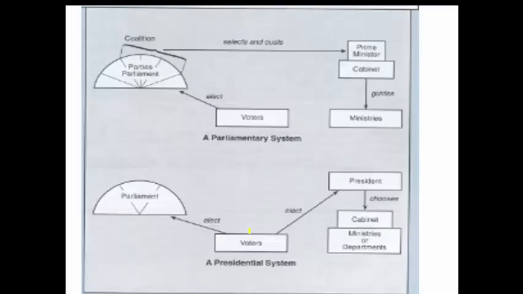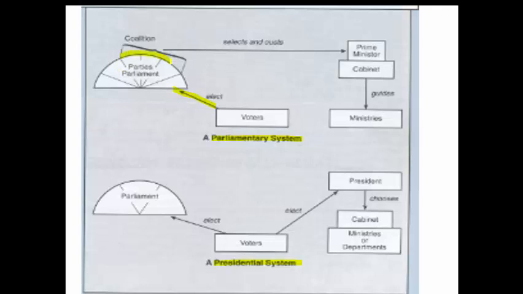Now, I apologize for the fuzzy haziness on this little graph here, but this was a very useful little graph that shows the major difference between the parliamentary system here and the presidential system here. Despite being unable to read some of this, you can see that in a parliamentary system, the voters elect the parties who are going to control Parliament.